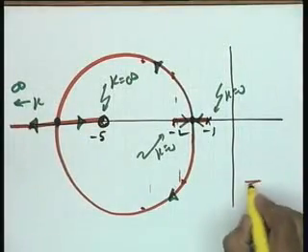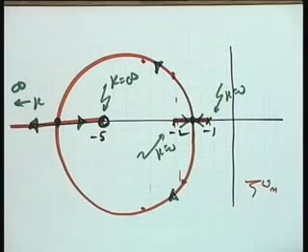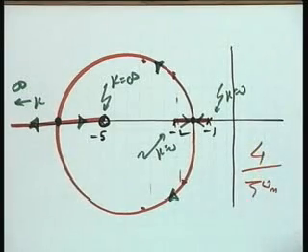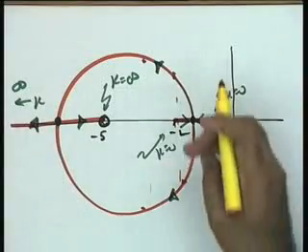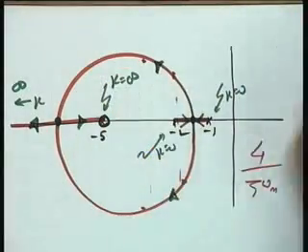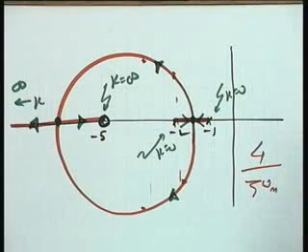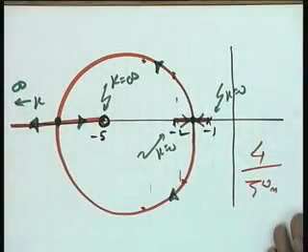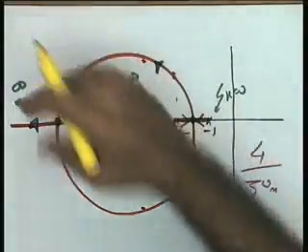And you know that real part is zeta omega n, and 4 by zeta omega n represents settling time. So it means the larger the value of k, the faster is your system as far as the settling time is concerned. Zeta omega n is increasing, as you see, when you increase the value of k from here.